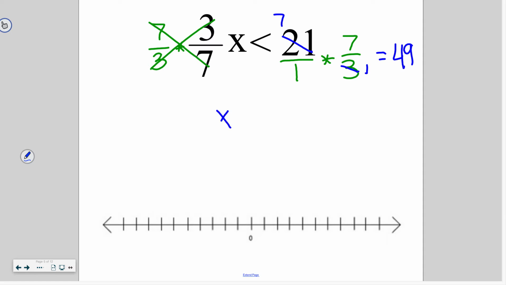So my inequality says x is less than 49. I'm going to have to re-number my graph. I'm going to go by 7s. You could go by anything else though as well.